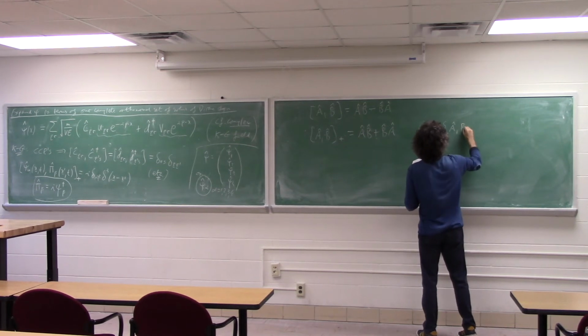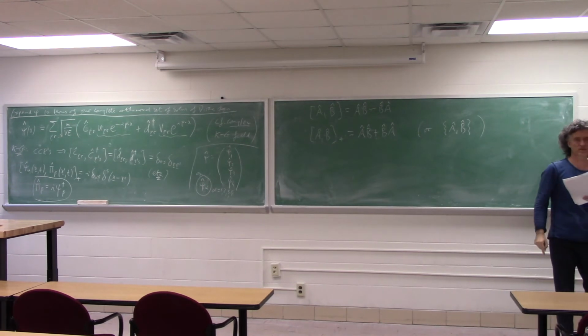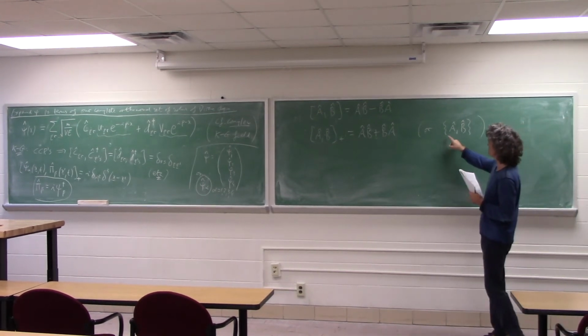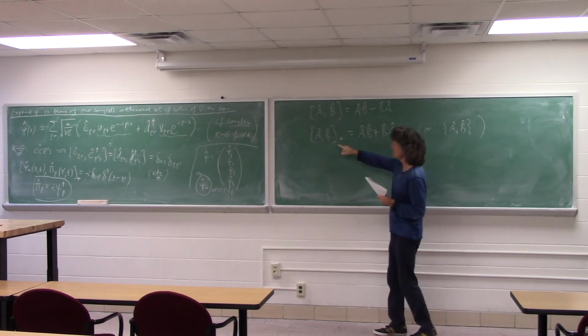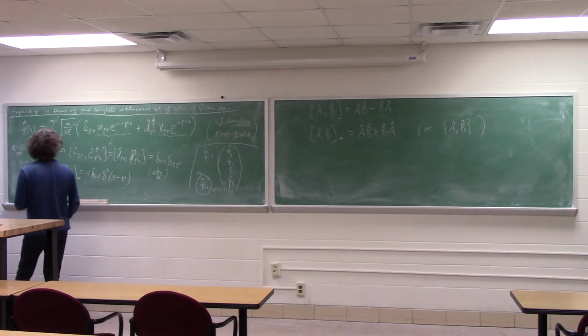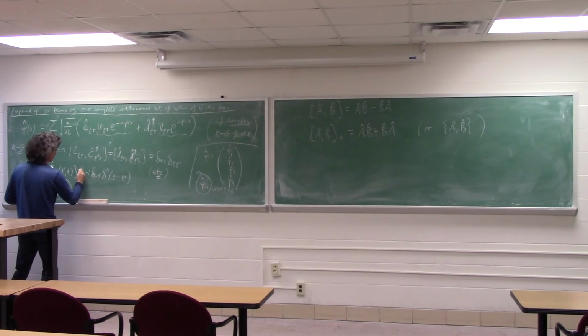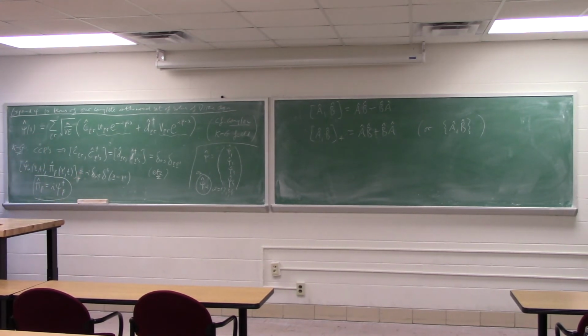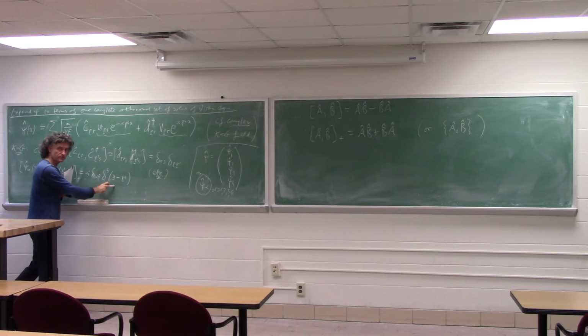Sometimes you'll see this notation for an anti-commutator. Don't confuse it with a classical Poisson bracket, but this notation is also common. The book uses this one. So in the canonical commutation relation for the Dirac field, the commutator is replaced by an anti-commutator. You say that the anti-commutator of the field with its canonical momentum density is equal to the usual expression.